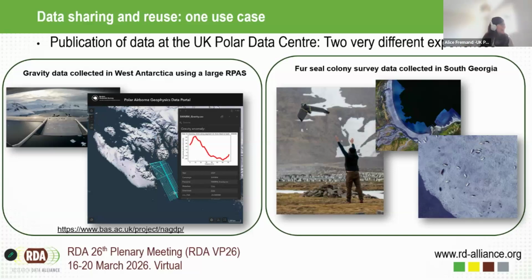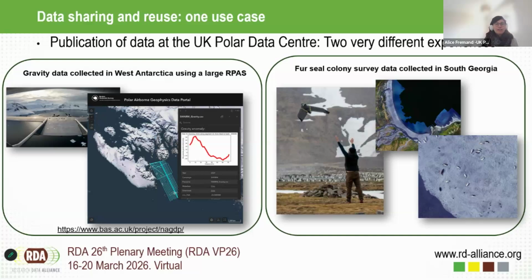As you can see in the image, this is a very large drone, but the sensors were really similar to the ones used on aircraft. So here we were able to follow the pipelines and workflows that we usually use for publishing data derived from aircraft.